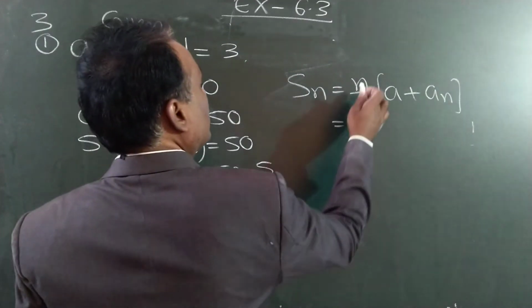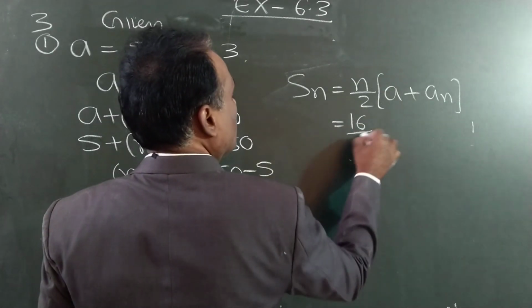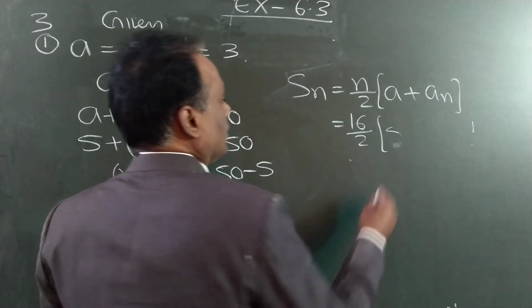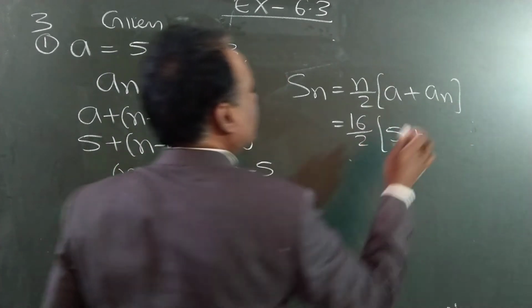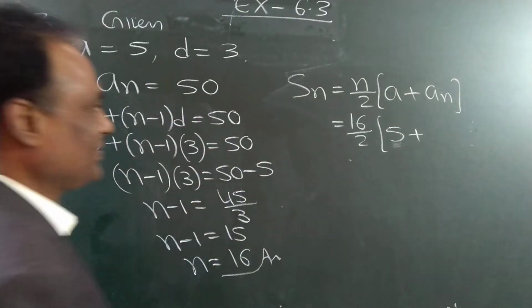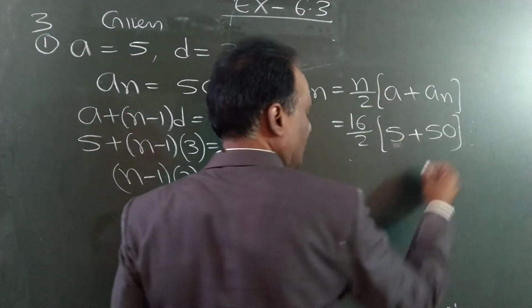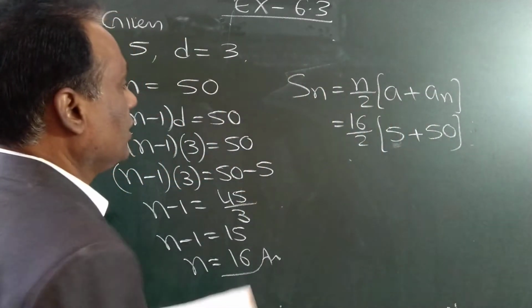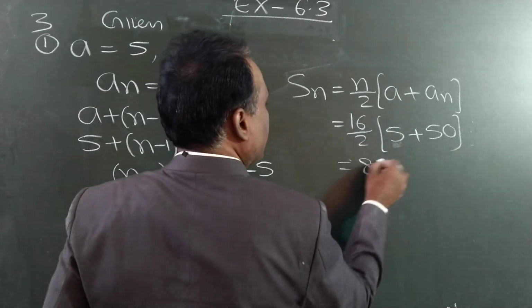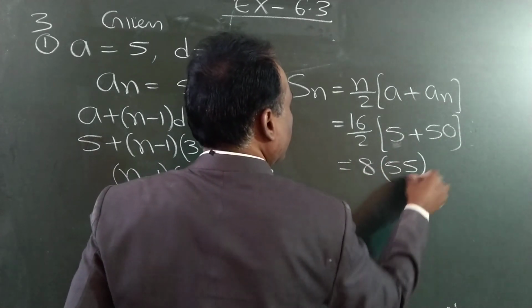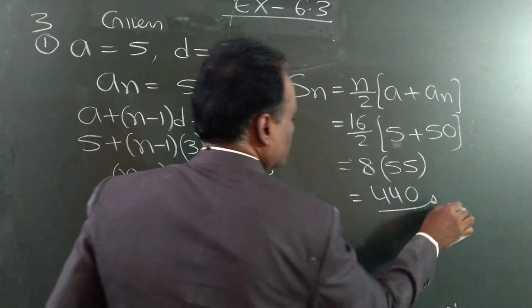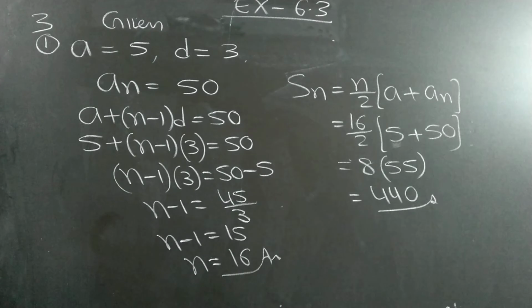So n is just now we got 16, by 2 into first term is 5 plus nth term is 50. Do it, students. 16 by 2 is 8. 50 plus 5 is 55 into 8 is 440. Two questions we solved.